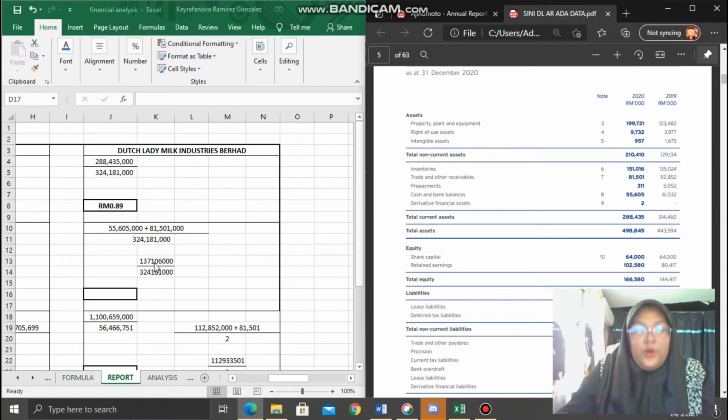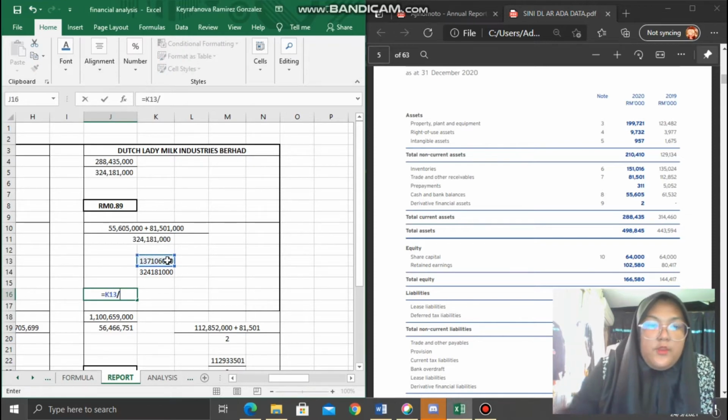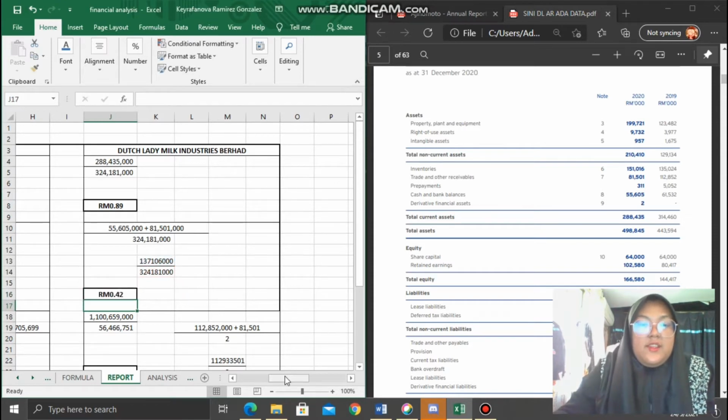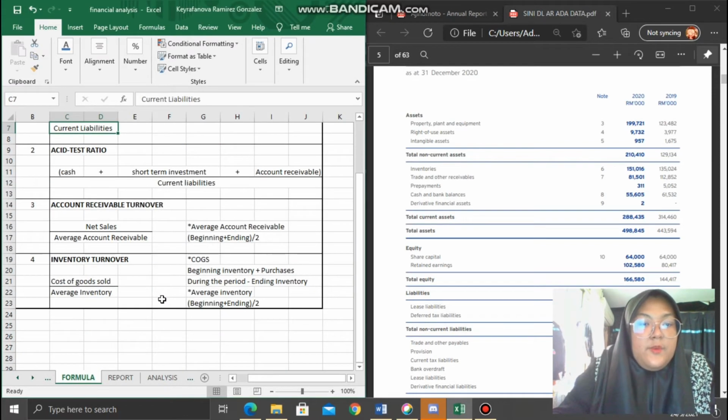I have already pre-calculated the addition, and now we only have to key in the data, where we divide the top one by the current liability, and we get the acid test ratio for Dutch Lady Milk Industry Berhad.